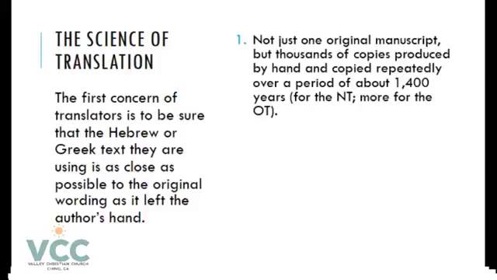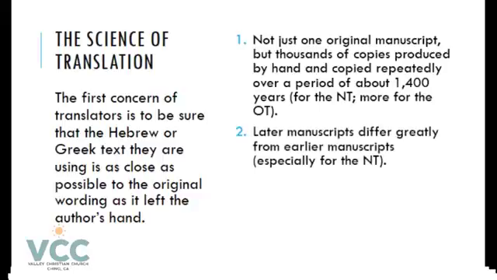So we are trying to establish what is original out of a vast number of texts, and that can be a little bit tricky. Another thing that's difficult is that later manuscripts can differ a lot from earlier manuscripts, especially with the New Testament, because you're going to see a lot of different changes and little things that have changed over years and years and years.